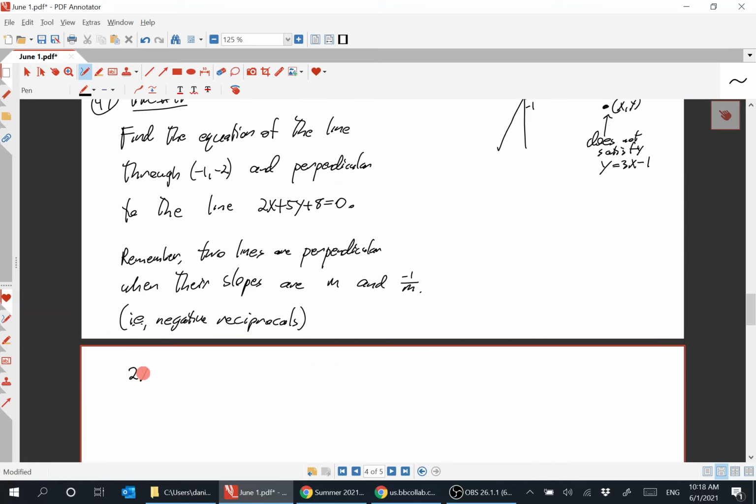Okay, so 2x plus 5y plus 8 equals 0. Let's put this in slope-intercept form, so that we can see what the slope is.